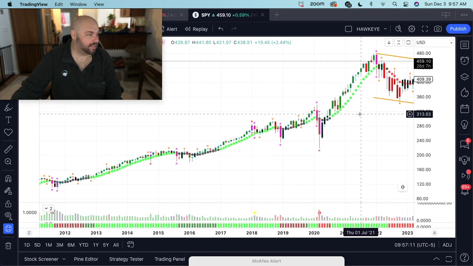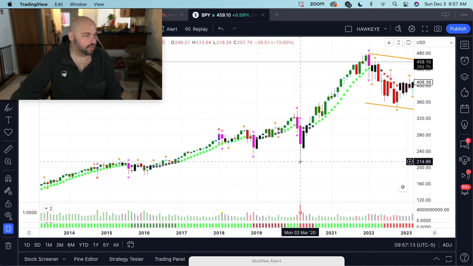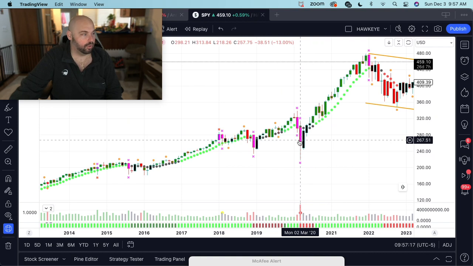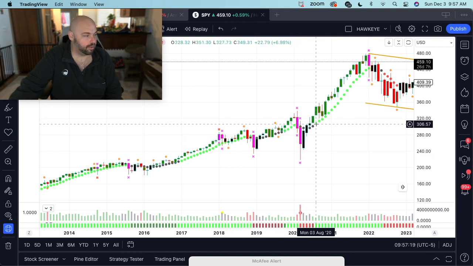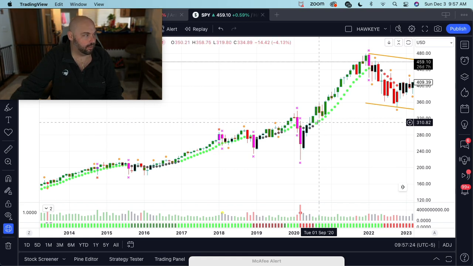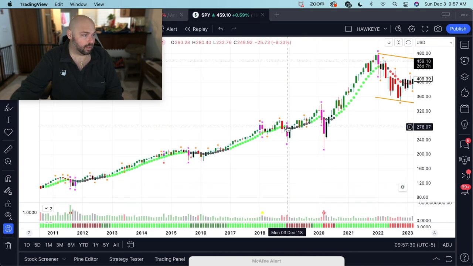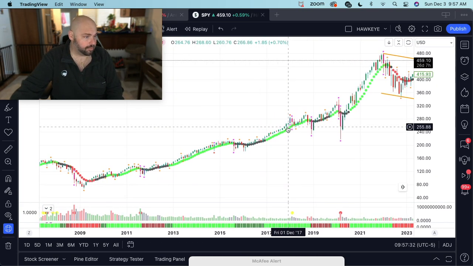Look at this massive whipsaw. But never does it tell you to exit the market or enter the market short. In fact, right here, it reaffirms in August of 2020 that the market's going higher. And it does. I mean, it takes this absolute rip into like 480 here on the SPY.